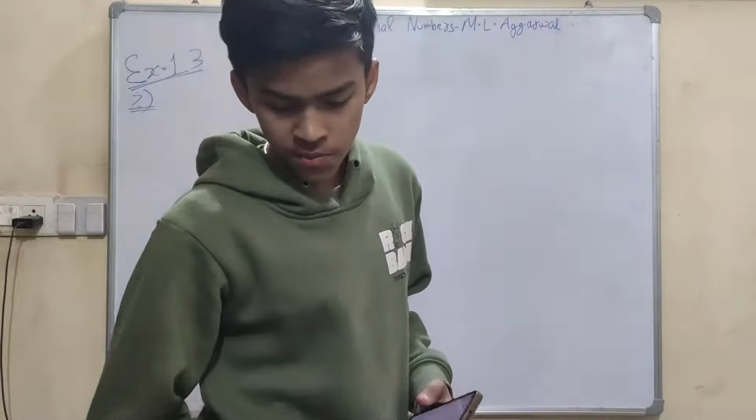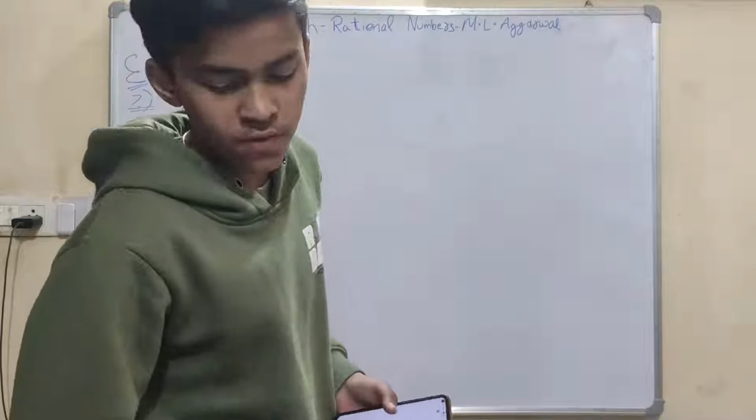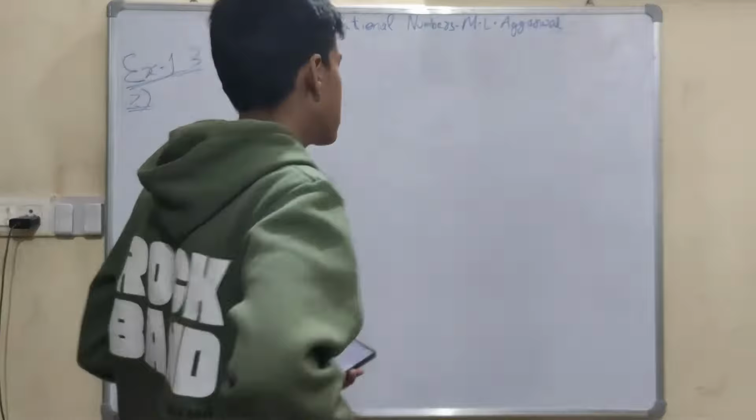So we have question number 7, in which we have to expand 1 upon 7, 2 upon 7, 3 upon 7, 4 upon 7, 5 upon 7 and 6 upon 7. Okay.